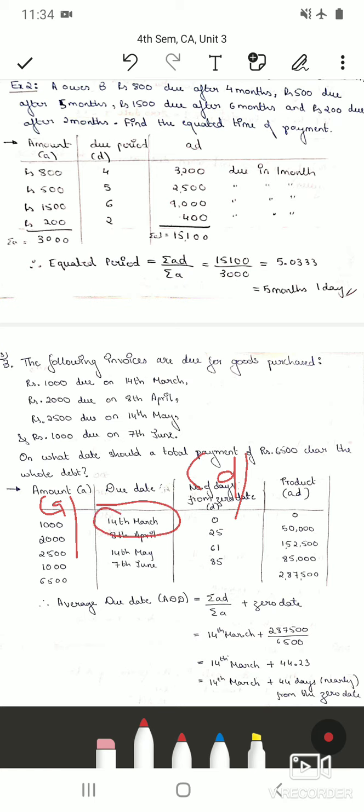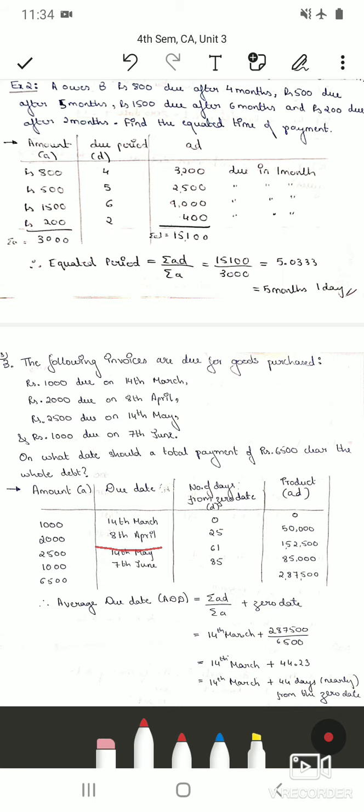Now I am taking 14th March as 0 date. So here number of days will be obviously 0 for 14th March. Next we have 8th April. So how to calculate this?